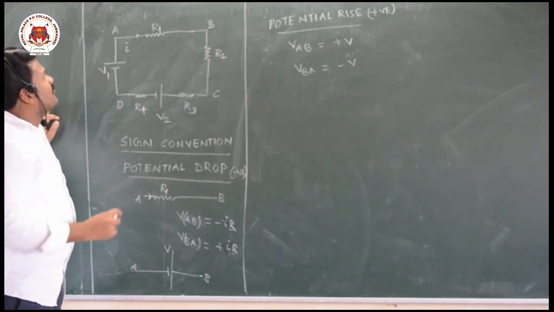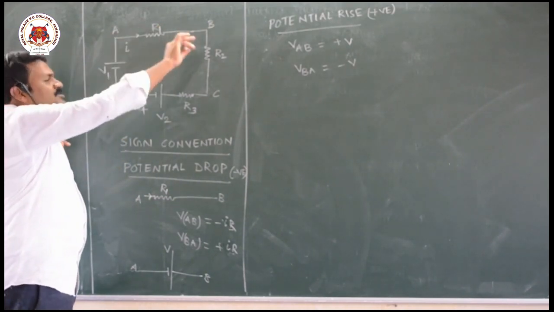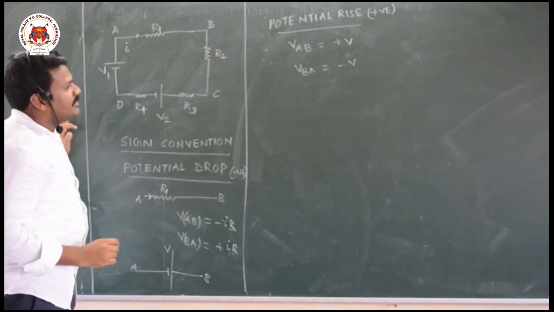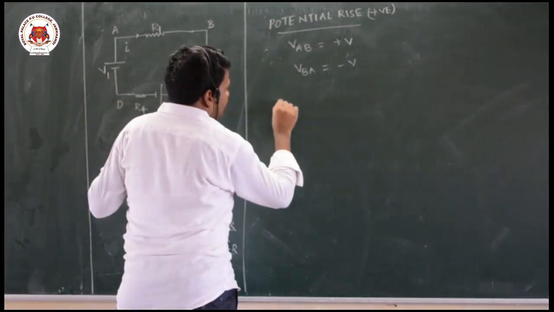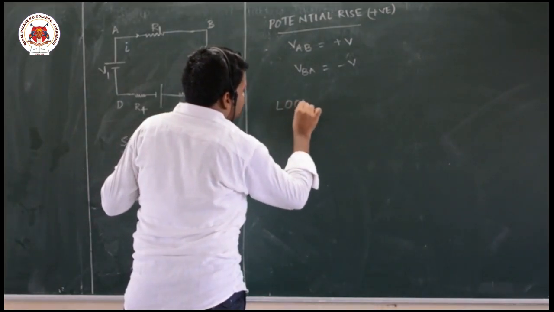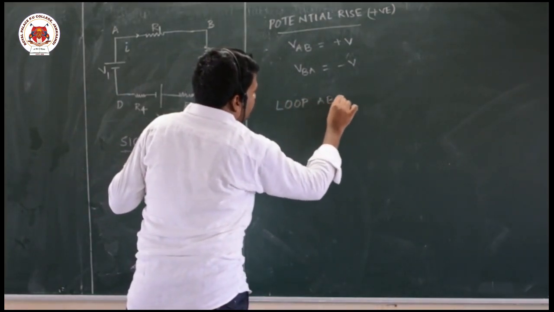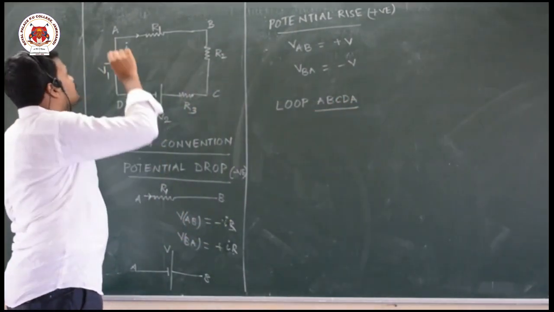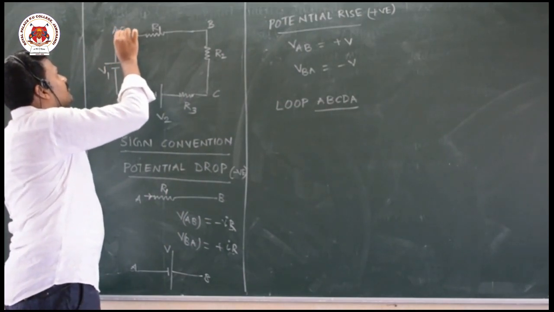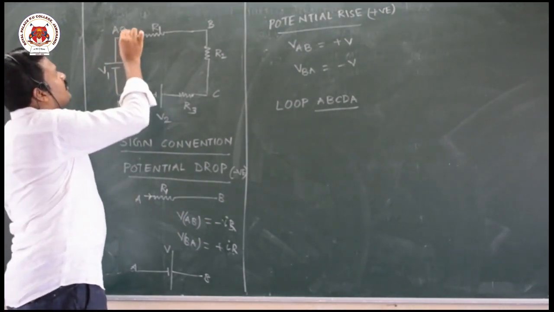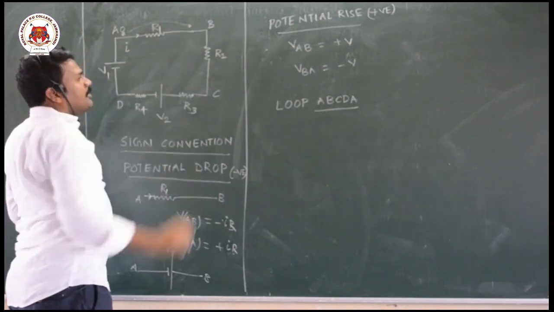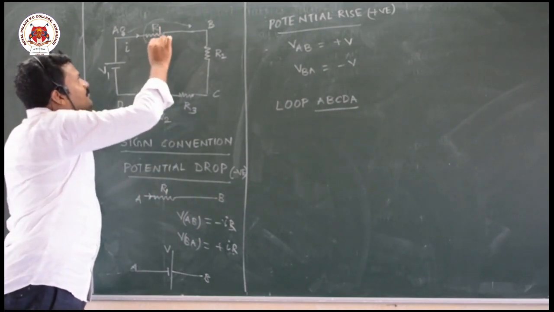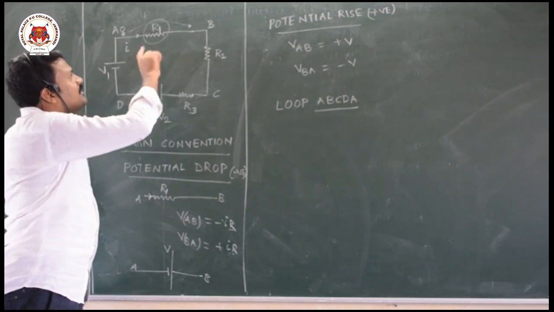So let us see, there is a loop which has resistors as well as cells. Now I will consider a loop ABCDA. As the loop selected is ABCDA, first you start moving from A to B. When you are moving from A to B, there is a resistor, so there is a potential difference.